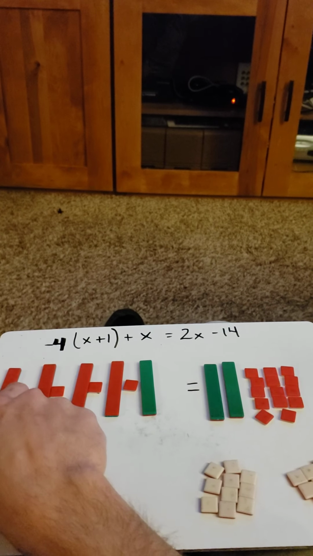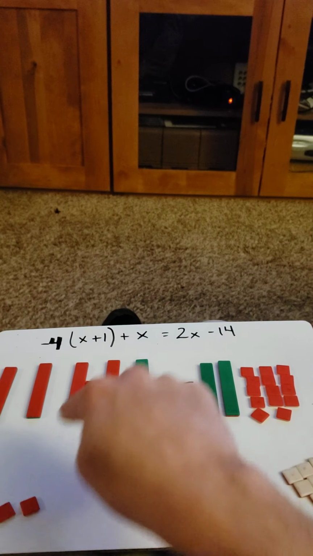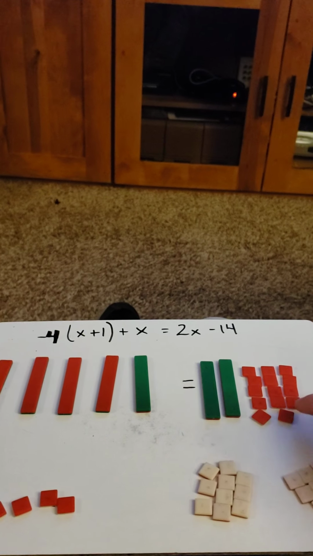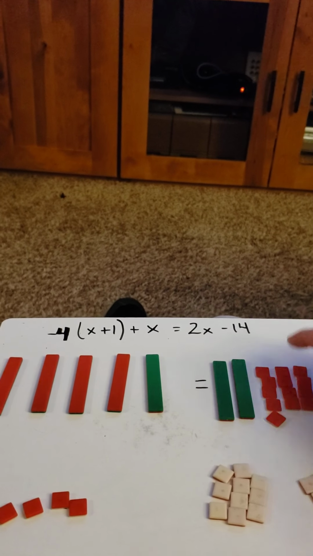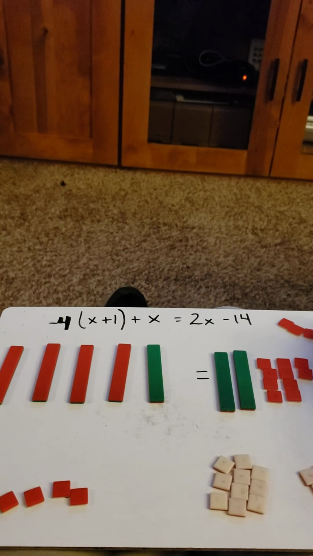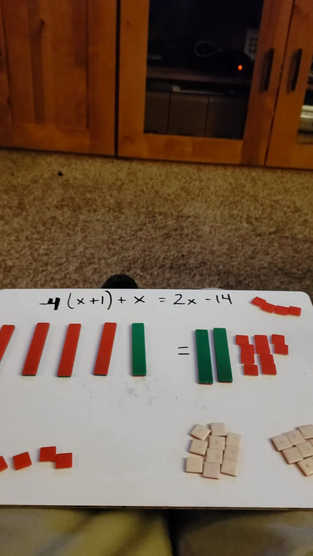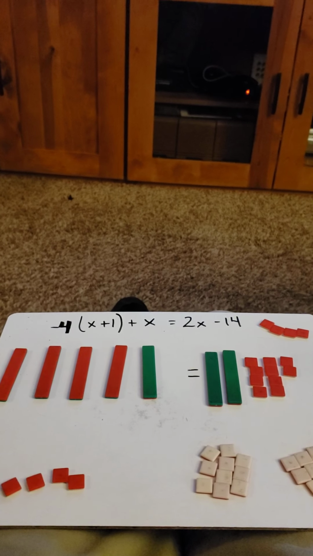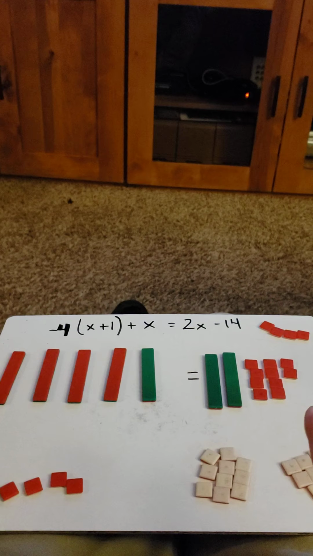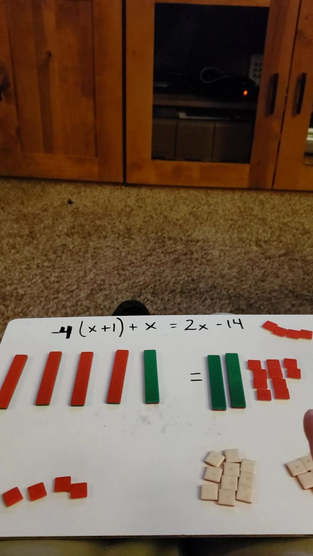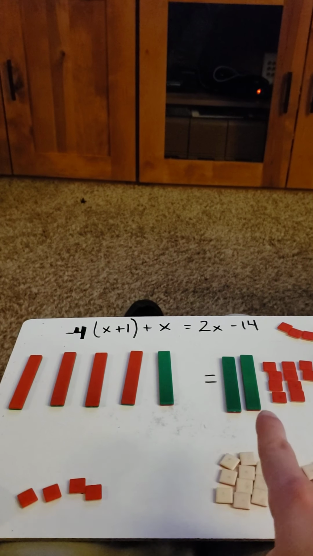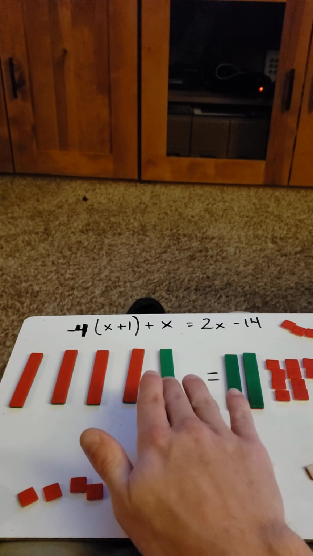Then, because we took off 4 from the left side of the equal sign and 4 from the right side, we can actually take off 1 of the green on that side and 1 of the green on this side.